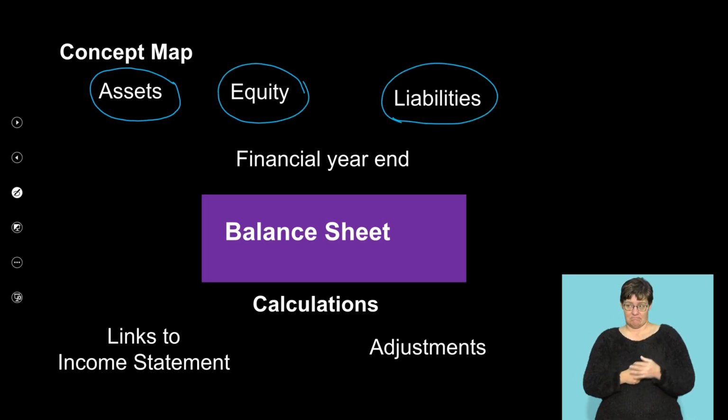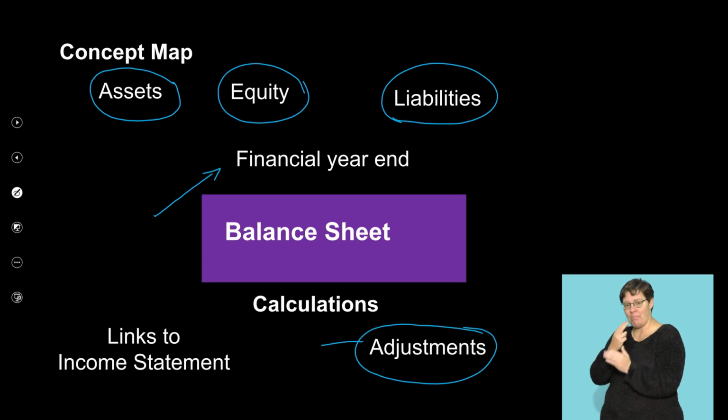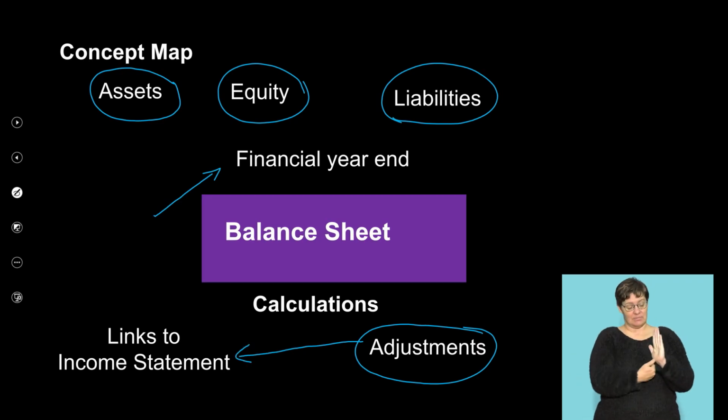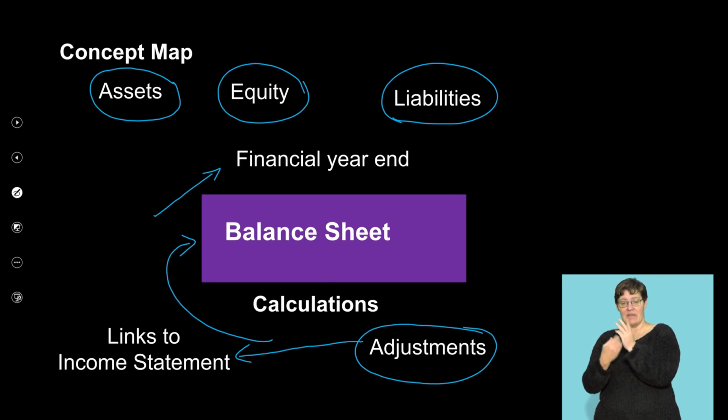Remember that this is drawn up at the end of your financial year end. Your adjustments impact both your income statement, also known as your statement of comprehensive income, and your balance sheet, which we call our statement of financial position.